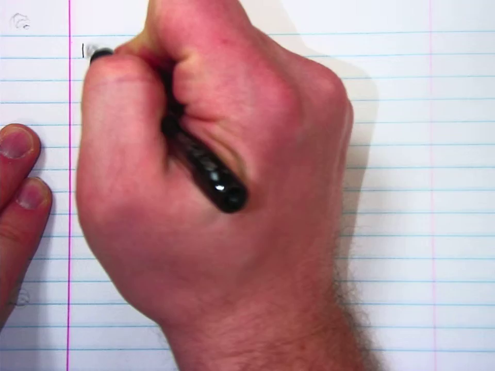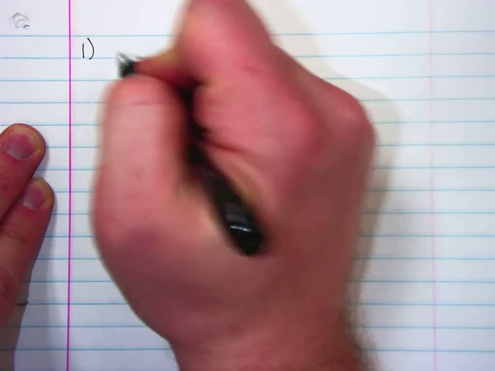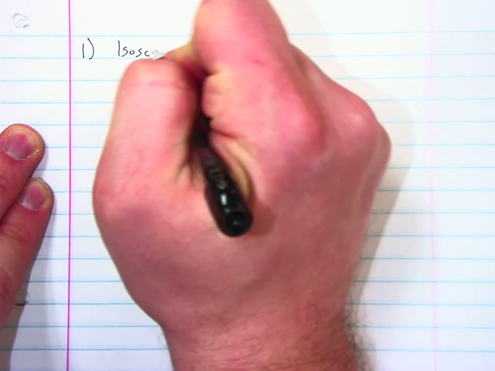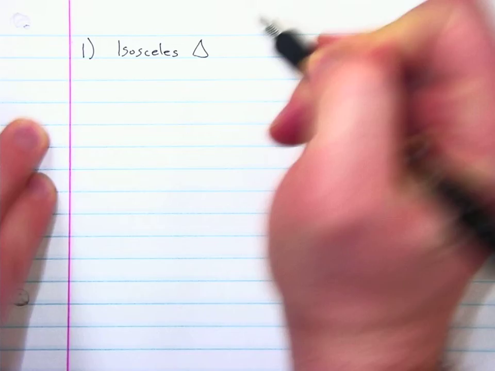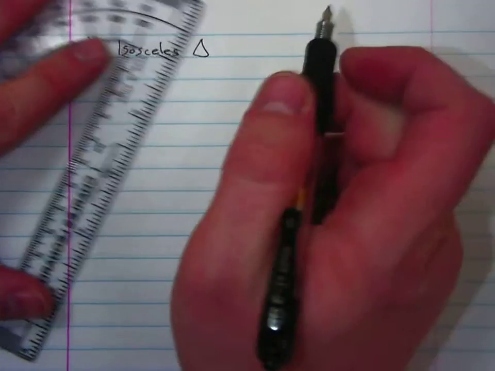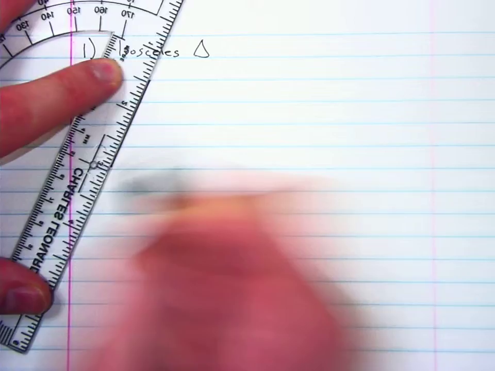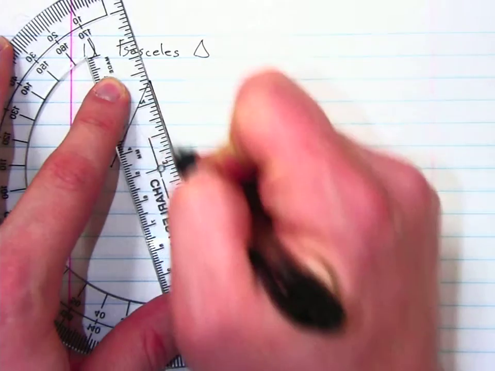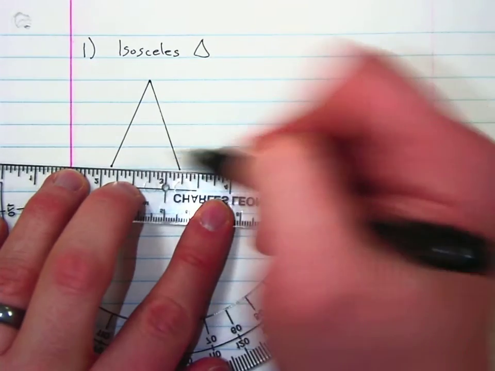The first thing is if you have an isosceles triangle. If you are given an isosceles triangle, you're going to know a few things right away. You're going to get a vertex angle and base angles, two of them.